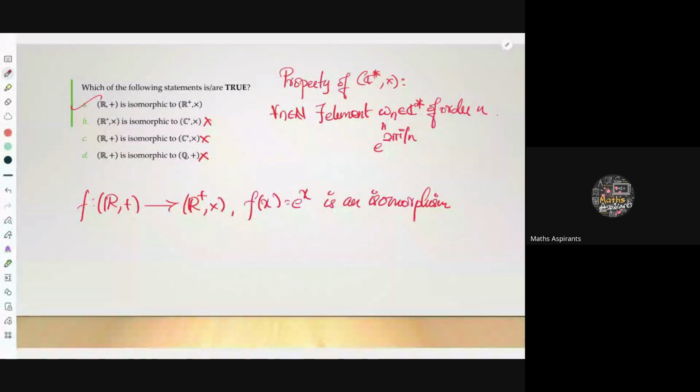So now, what gives us the idea for this isomorphism? You basically want f of x plus y to be f of x into f of y, because the operation in the codomain is multiplication, whereas the operation in the domain is addition.